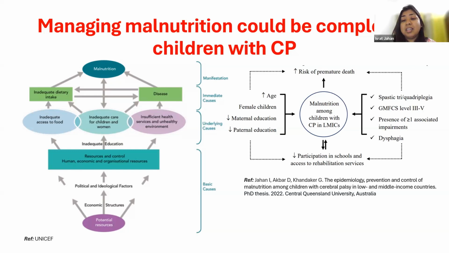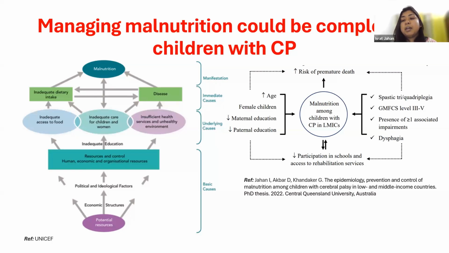And as you can see, the clinical characteristics, motor severity, and dysphagia are all very significant predictors of malnutrition in children with CP. Now, we also found that with increasing age, being a female child, and children whose mothers had low education, and also children whose fathers had low education, were more prone to malnutrition.